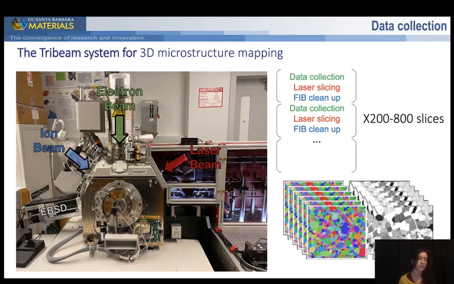And basically, in practice, we collect data over consecutive, evenly spaced slices, repeating these cycles to reconstruct our 3D microstructure. So we'll go through hundreds of times this kind of cycle where you have data collection, then you slice your material with the laser, possibly use the FIB cleanup, and then collect your data, and so on.